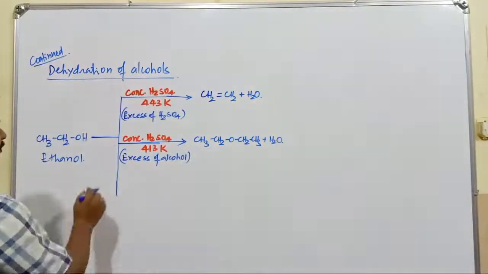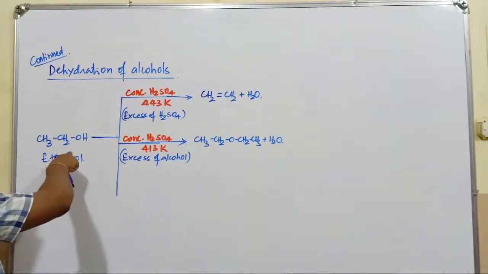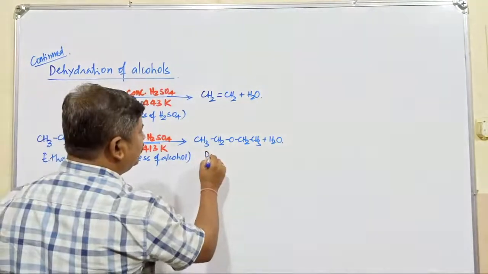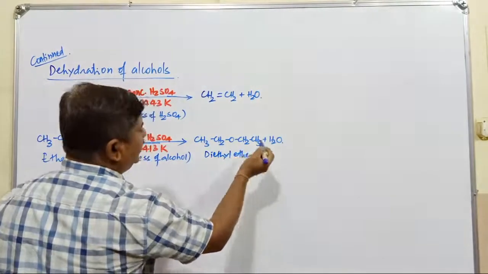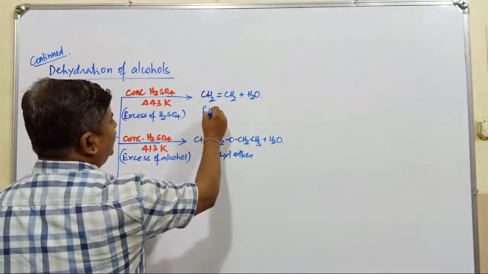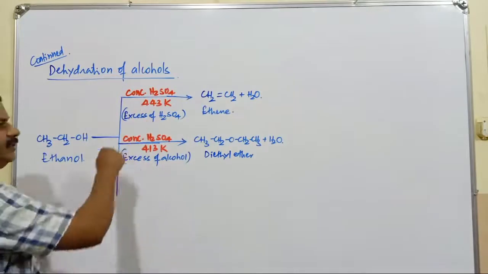In that case, we have to take 2 moles of alcohol. When 2 moles of ethanol are used, it gives diethyl ether. What is the name of the other compound? Ethene or ethylene. What's the comparison between these two reactions, students?